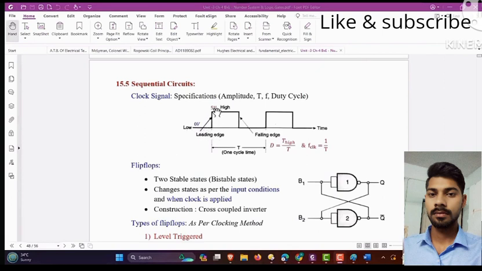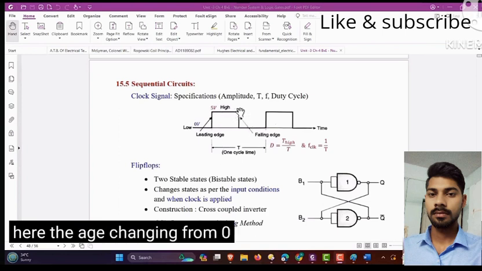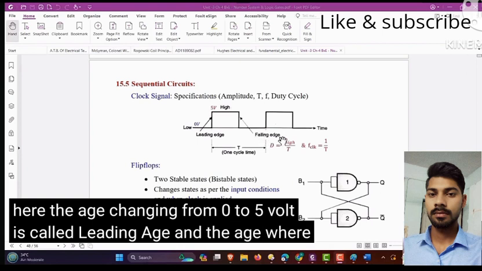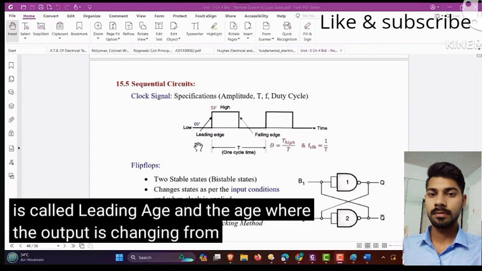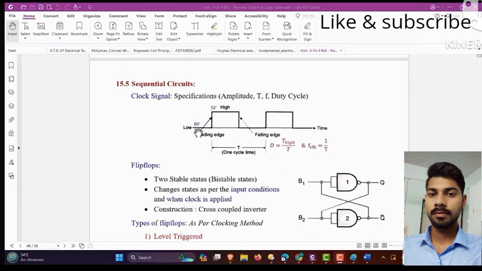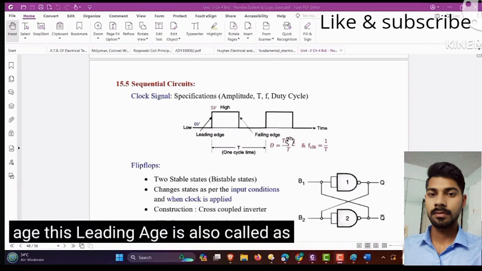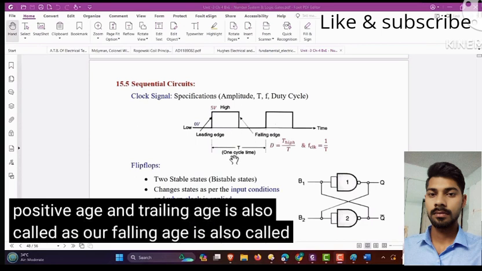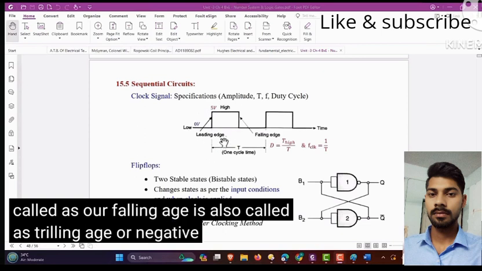Here, the edge changing from 0 to 5 volt is called leading edge. And the edge where the output is changing from high to low is called falling edge. This leading edge is also called as positive edge, and falling edge is also called as trailing edge or negative edge.